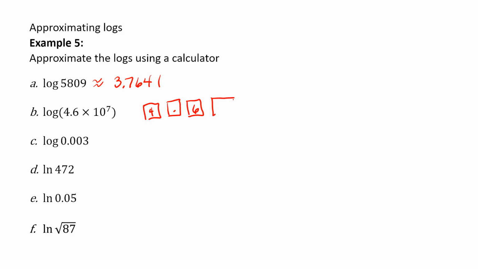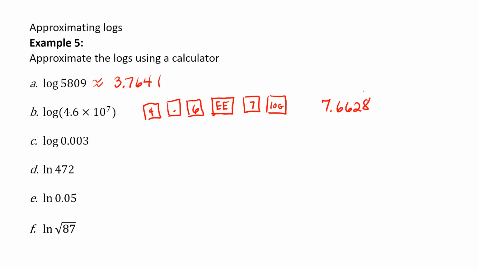To do that on your calculator, you would hit the EE button, and that will let you put in the exponent on 10, which is 7. So you're going to have 4.6 times 10 to the 7th power, and then you're going to hit log. And when you do that, you will get about 7.6628.